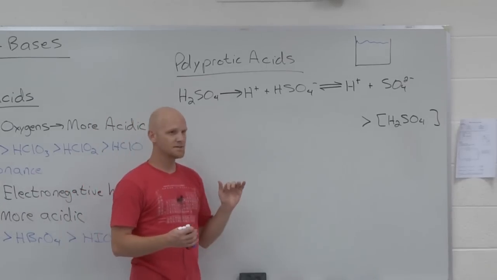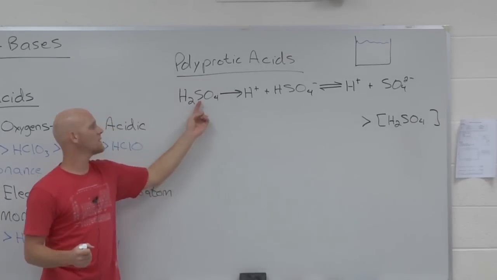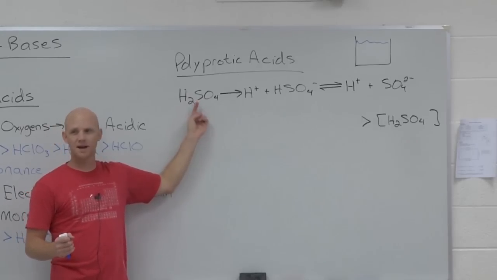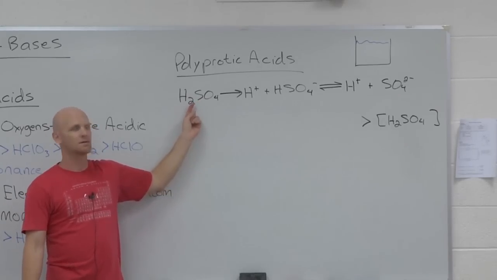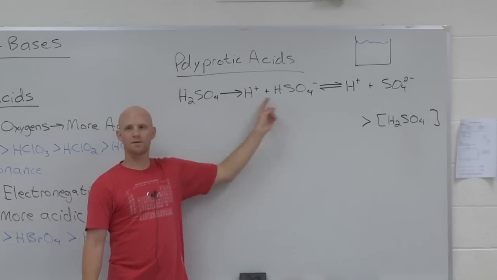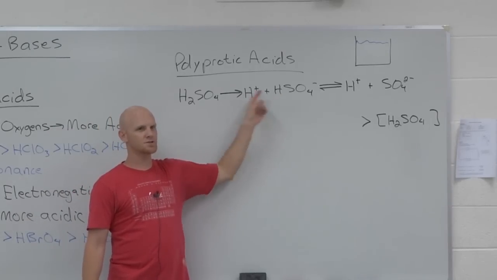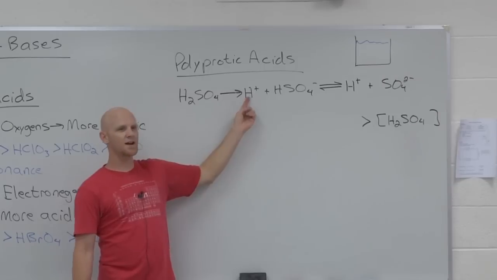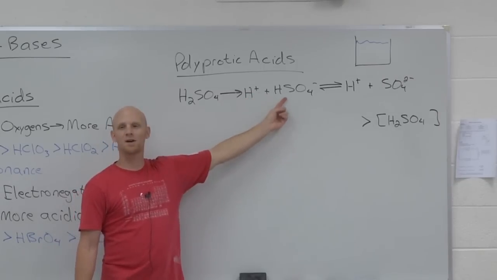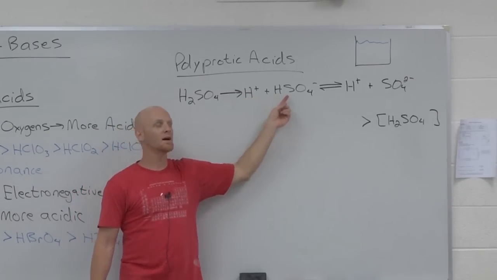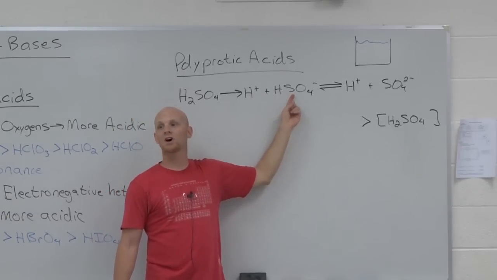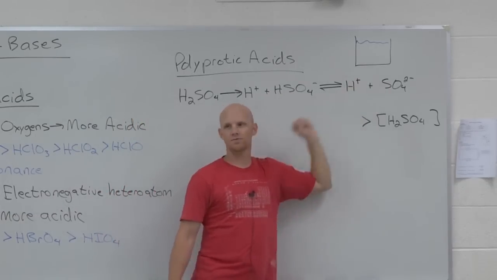So in this case then, let's say we started out with 1 million H2SO4 molecules. Well then, how many of these would I end up with? 1 million of each. But whereas I'm still going to have all million of those, I'm not going to keep all million of these. A small fraction, maybe 1 out of 100, is going to dissociate further.